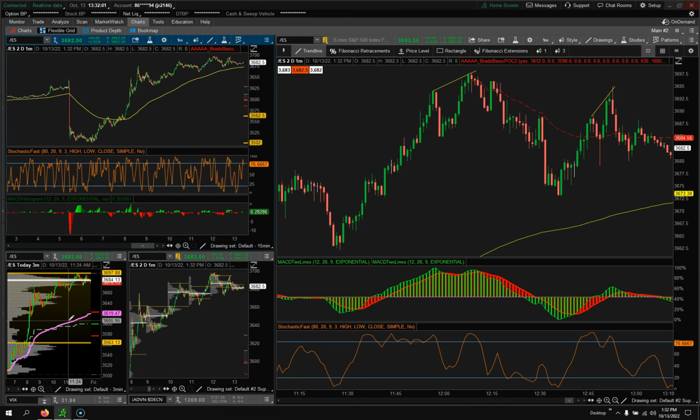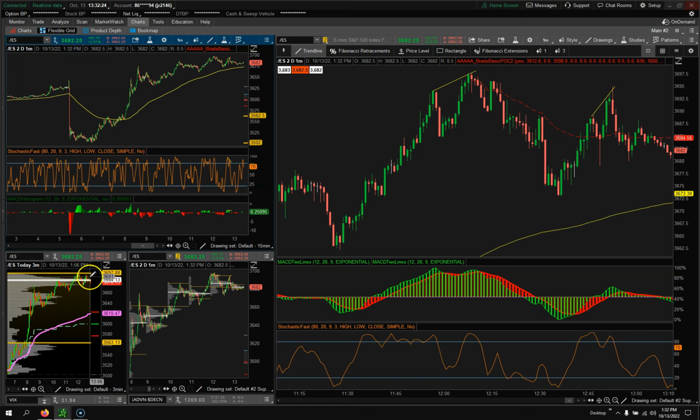Now, down here is my famous 3-minute market profile, which is for today only, so it's regular trading hours. The purple line is the VWAP. This cayenne color line is the 50%, and these are the 38, 50, 61% for the day.